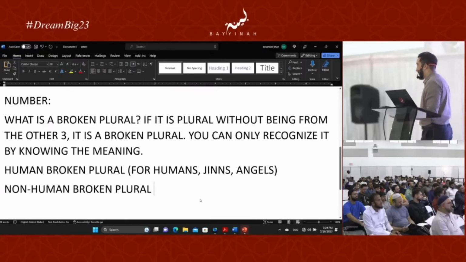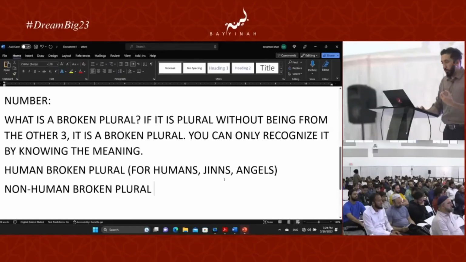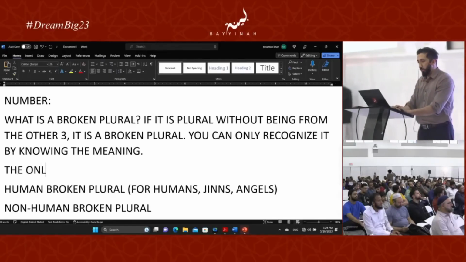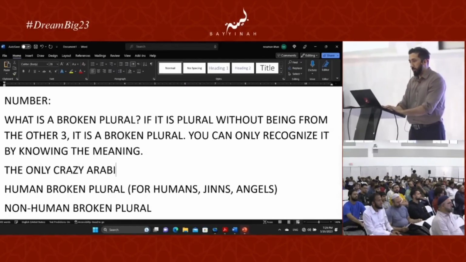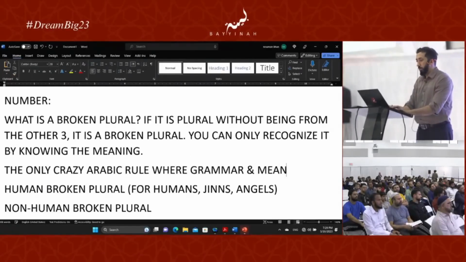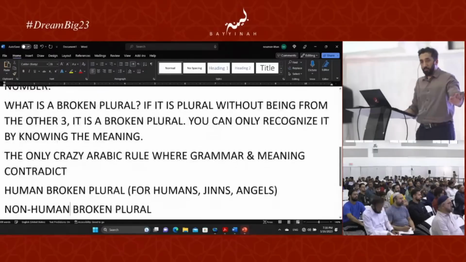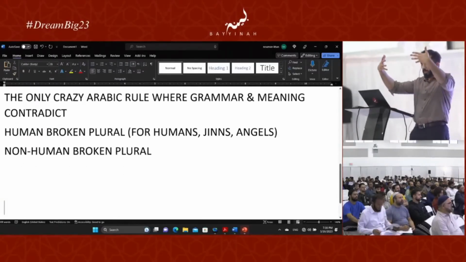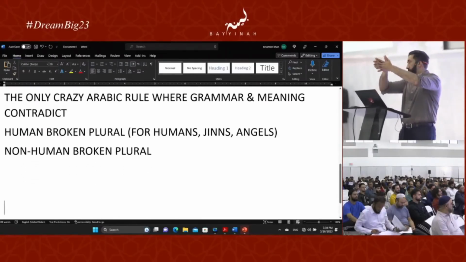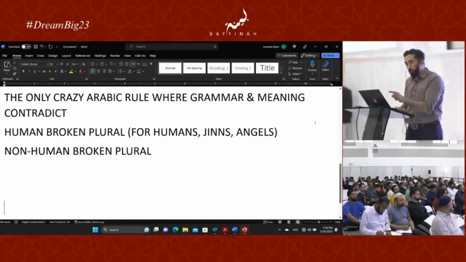Now, if you want to summarize what the Arabs do, this is the only crazy Arabic rule where grammar and meaning contradict. The grammar is saying one thing, the meaning is saying something else. Usually, grammar and meaning go together, but in this case they contradict.